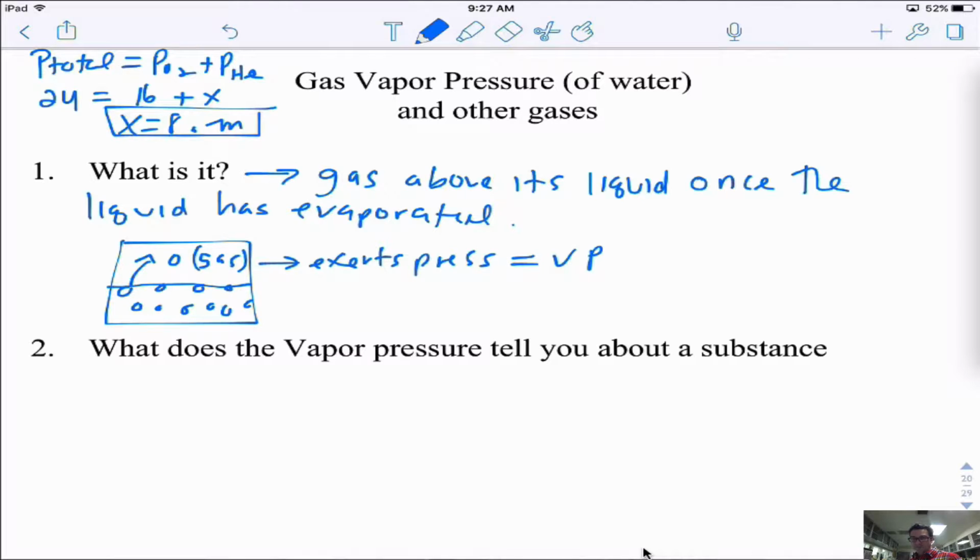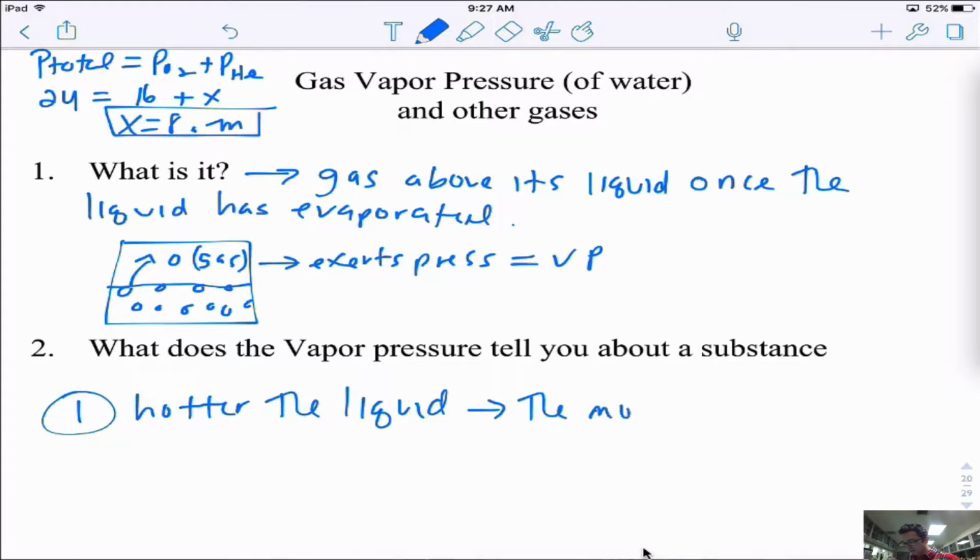Now, as far as vapor pressure is concerned, there's really only two things that can affect it. The first thing is how warm the liquid is, because the general rule is the hotter the liquid, the more evaporates.